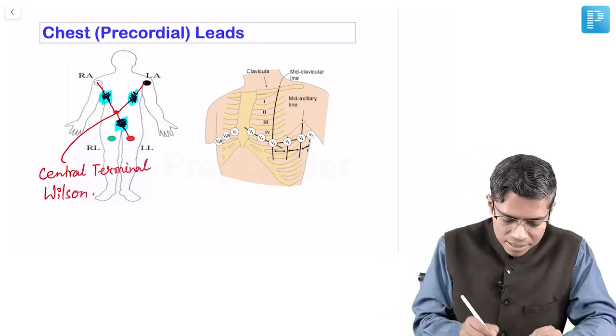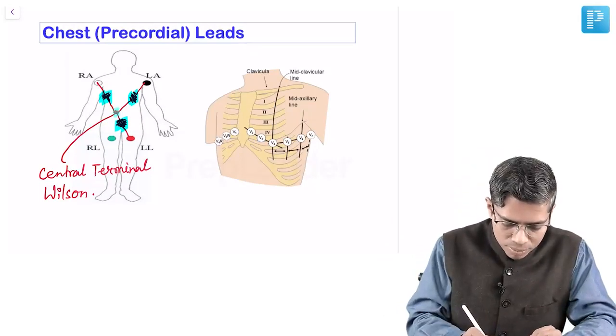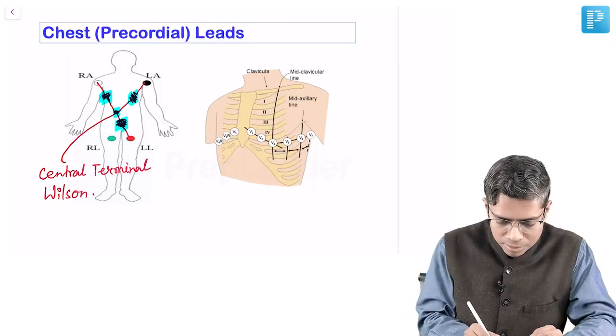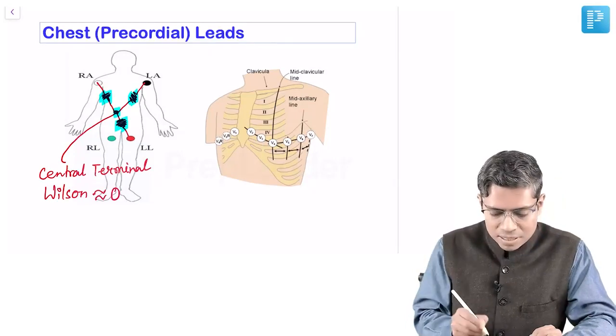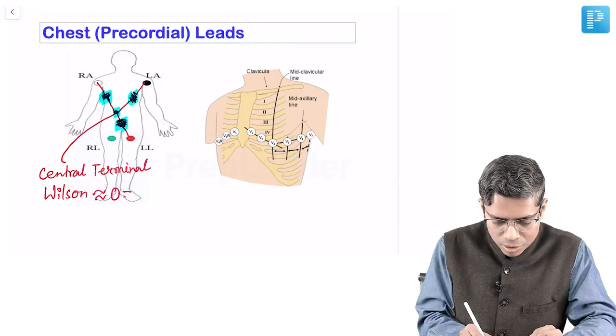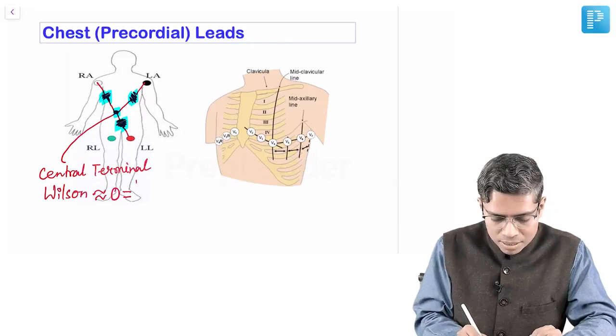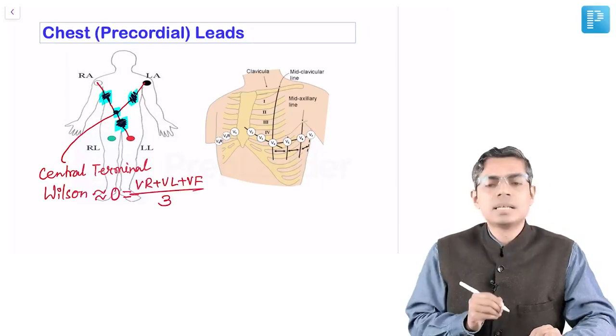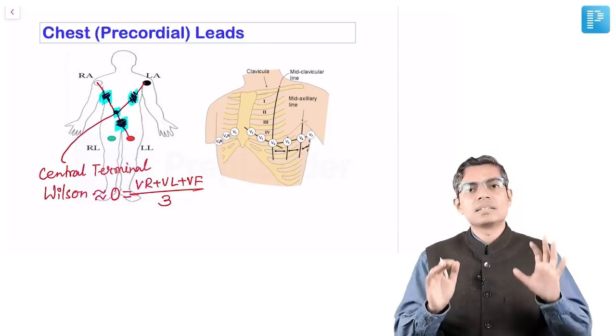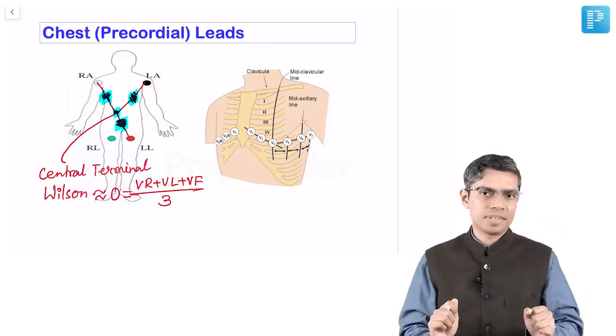So the obvious thing is that if I ask you what the potential at this center will be, it will be nearly equal to 0 potential. Mathematically, this is the voltage of right arm plus the voltage of left arm plus the voltage of left foot, upon 3, and that is equal to 0, right?